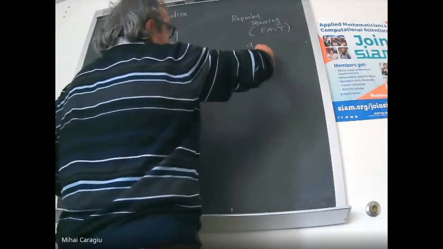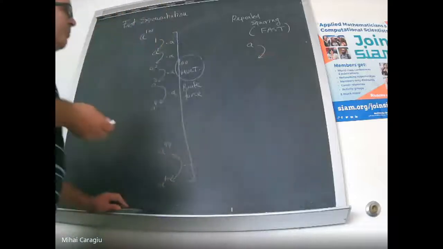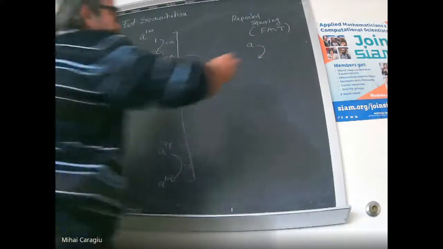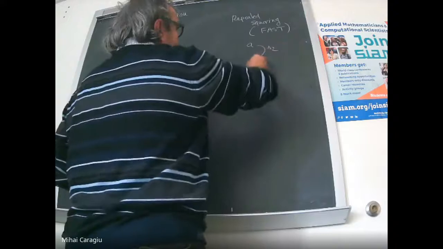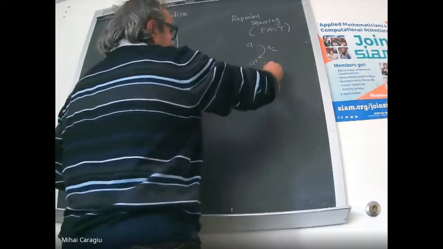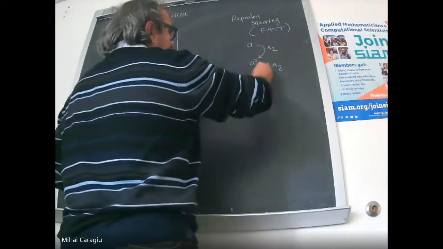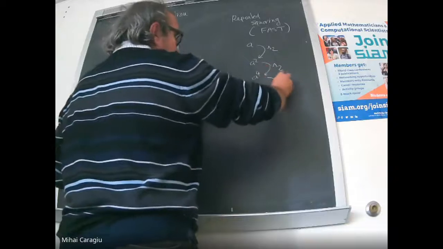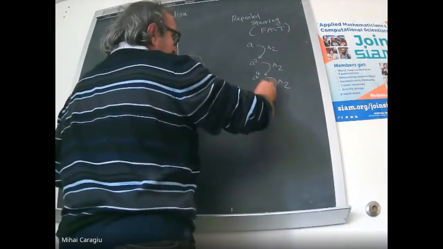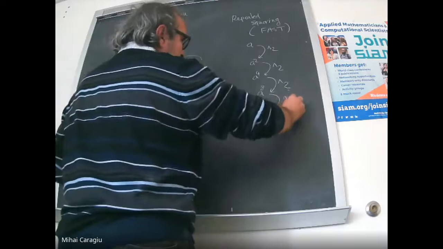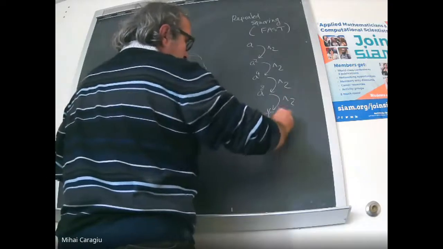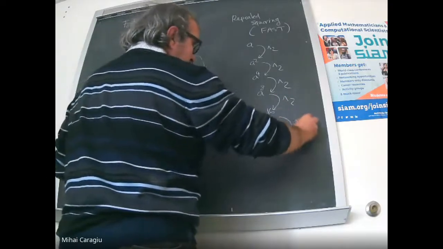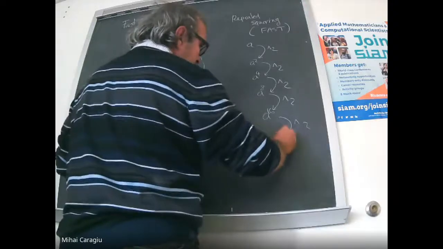At every step, we still do a multiplication, but we just square the previous input. Squared, we get a squared. Squared, we get a to the power 4. Squared, a to the power 8. One more time, a to the power 16. One more time, a to the power 32.